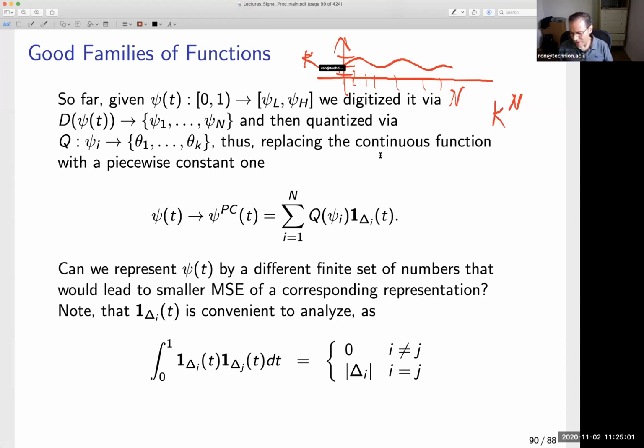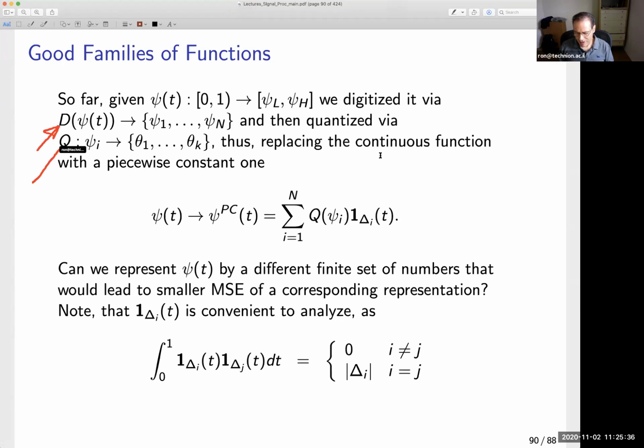Okay, but the question is, if we have this number of different functions to deal with, and assume that I don't want to represent my functions only as piecewise constant functions, what should I do? So getting into the continuum is something that we will do later on in this course, but let's limit ourselves for the time being to the following. We had some way of digitizing my functions, and we call it capital D, and then quantizing the functions using some quantization function that we denoted as Q. And thus we replace the continuous function with a piecewise constant function.